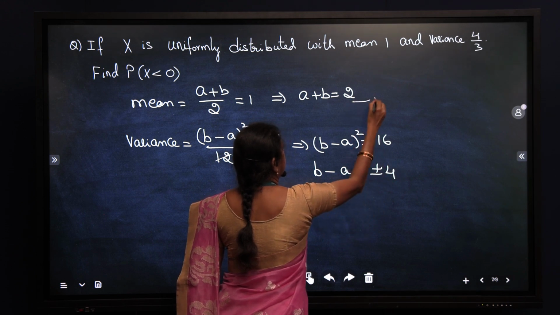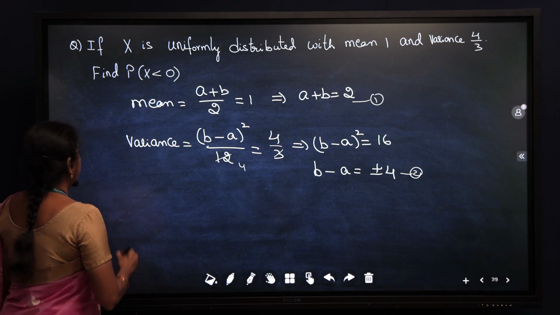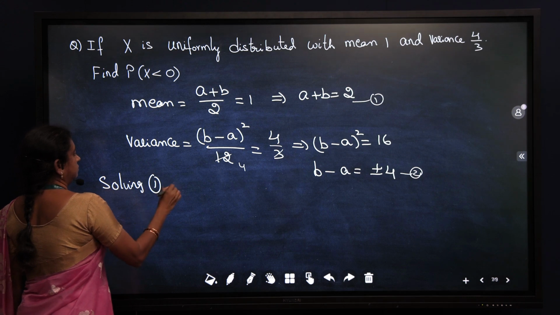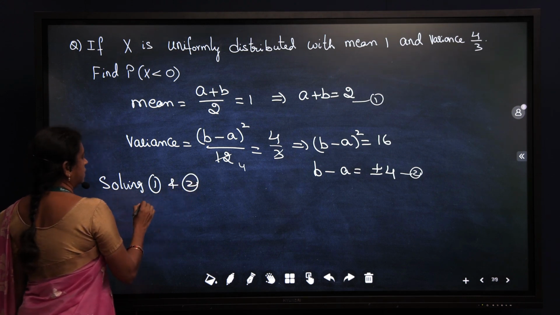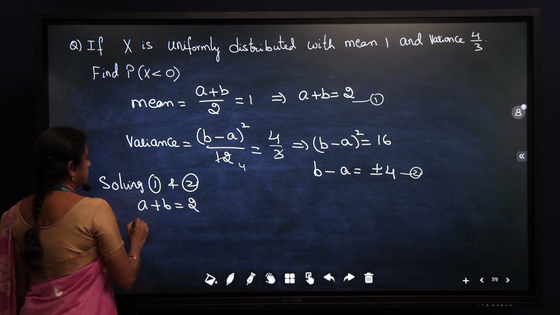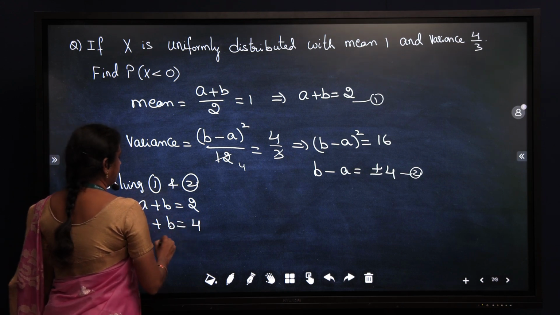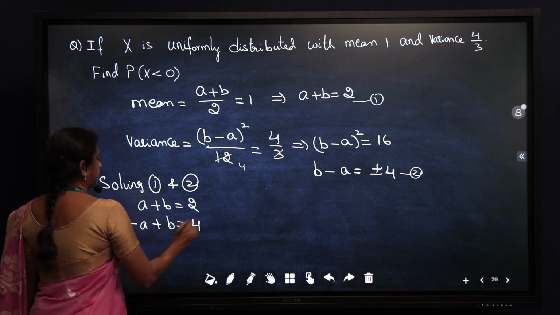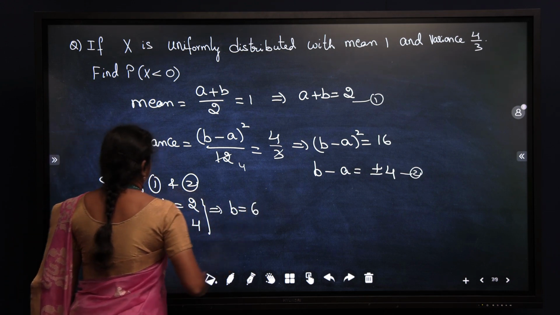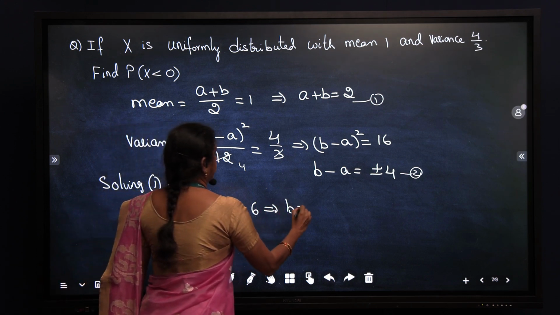Now I will take this as 1 and this as 2. Now solving 1 and 2, we get the values. We take a plus b is equal to 2 and from the second equation we can write minus a plus b is equal to 4. Simplifying, 2b is equal to 6, that is b is equal to 3.